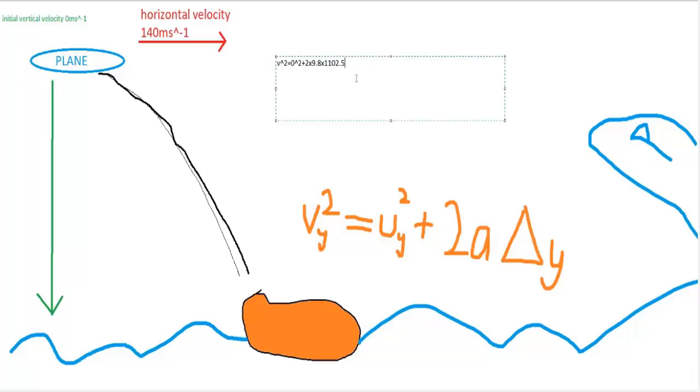Did you square root the answer? Yeah, square root the answer.